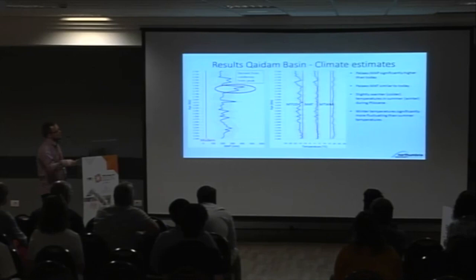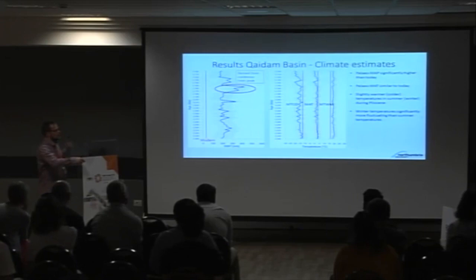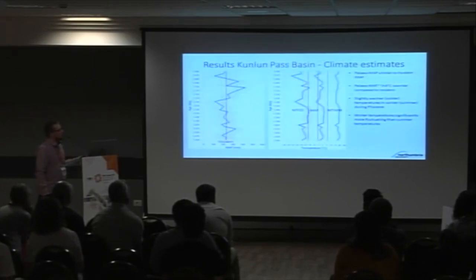In terms of temperature, the mean annual temperature is almost the same as it is today, but we see that all the transfer functions show colder winter temperatures and slightly warmer summer temperatures in the Sidon Basin. Note that for this figure and the next one for the Kunlun Pass Basin, the winter temperature is fluctuating much more compared to the summer temperature, which is almost constant in the record.